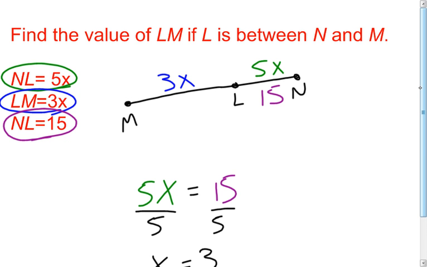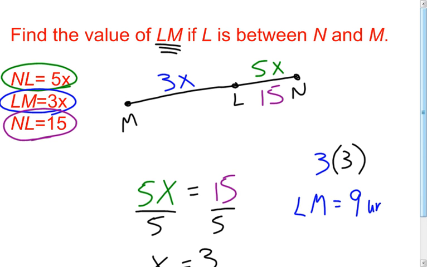It wants me to find the length of segment LM. Now that I know what x is, I can come back up here. The length of segment LM is 3x. Well, 3 times x, and x we found to be 3. Therefore, I just figured out that the length of segment LM is going to equal 9 units.